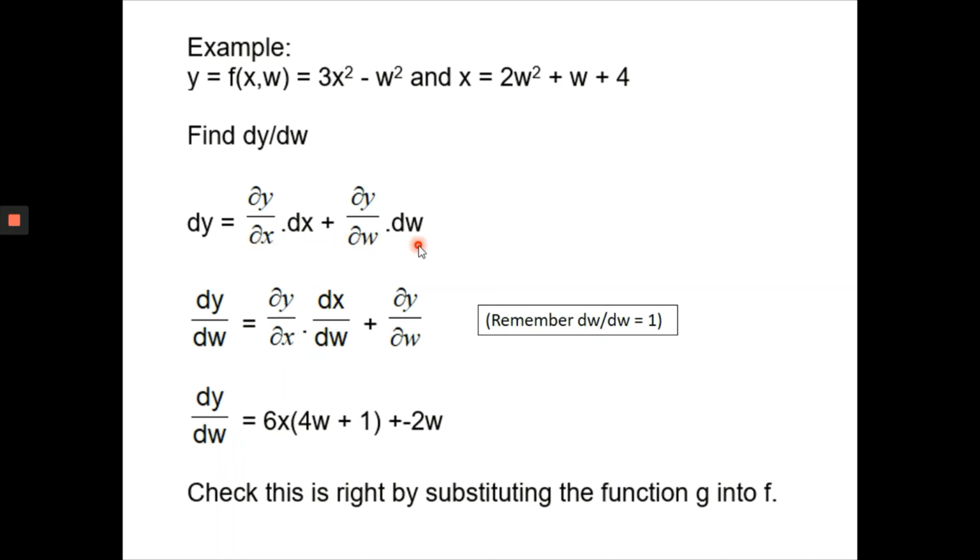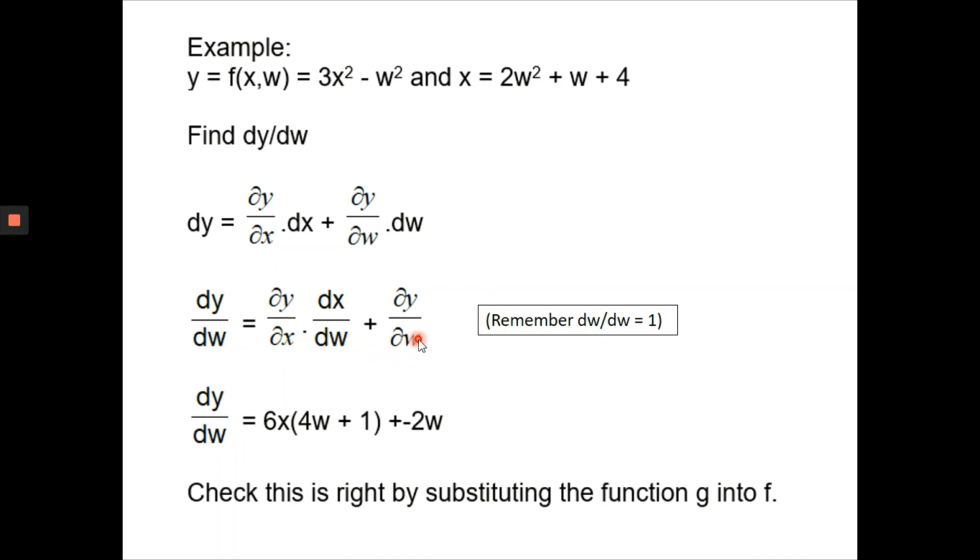Okay, and we then need to divide by the relevant differential, which in this case is dw, because as I said, w is the driving force in terms of changing y, indirectly and directly. So we divide both sides by dw, right?